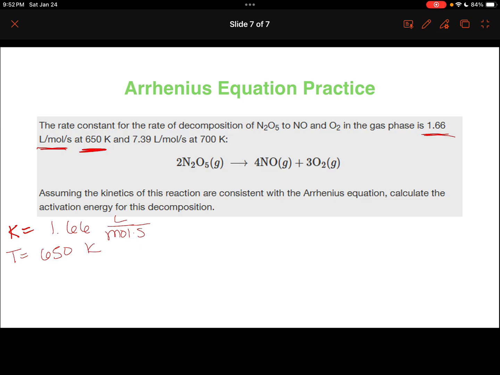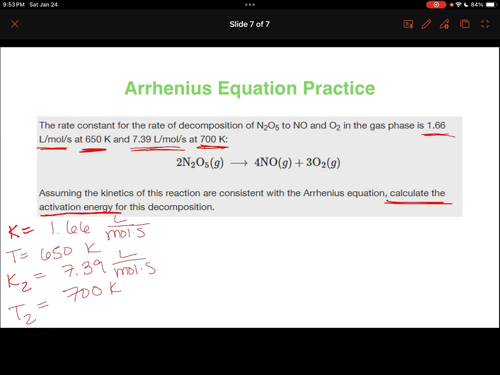It also tells us that at another temperature the rate constant has another value. So we have another K, so I'm going to call that K2, 7.39 liters per mole seconds. And our second temperature is going to be 700 Kelvin. And then it's asking us to calculate the activation energy for this decomposition.